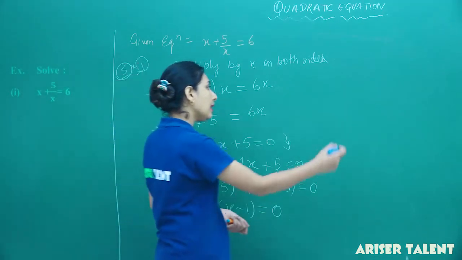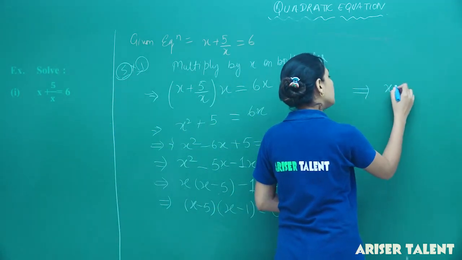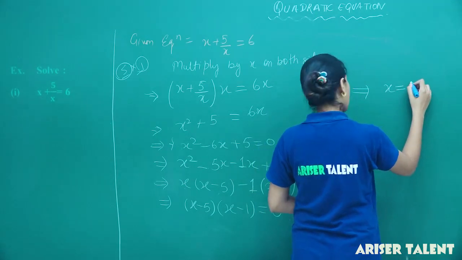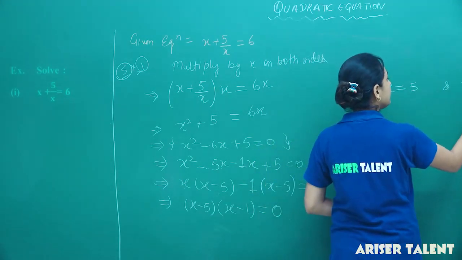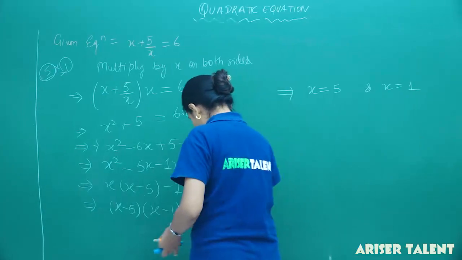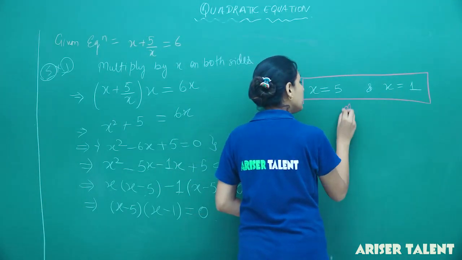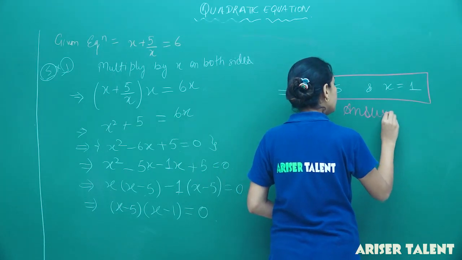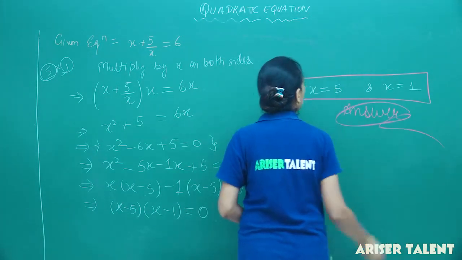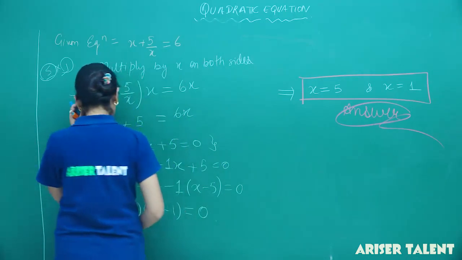What does that mean? That x equals to 5 and x equals to 1. So these are the roots of your equation, and thus you got the value of x. Okay, solve that.